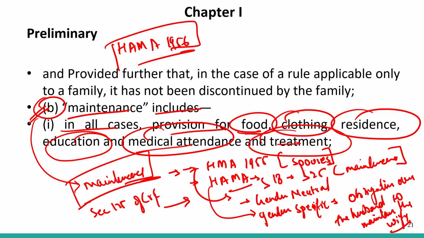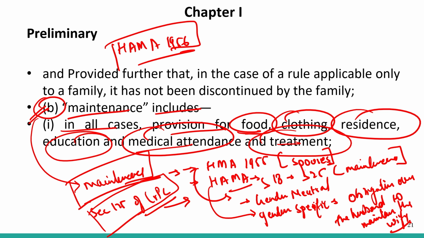The Code of Criminal Procedure, CrPC, has now been replaced by the new legislation brought into the criminal laws, but under the old legislation, which laid down the procedure applicable in criminal proceedings, Section 125 talks about maintenance. So by these three provisions you can get maintenance.